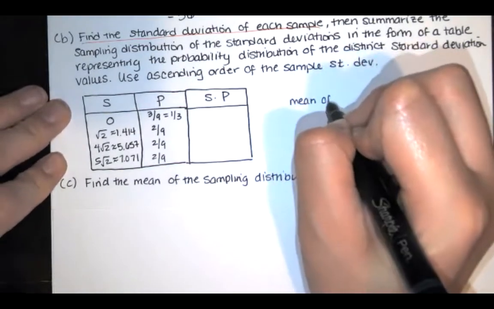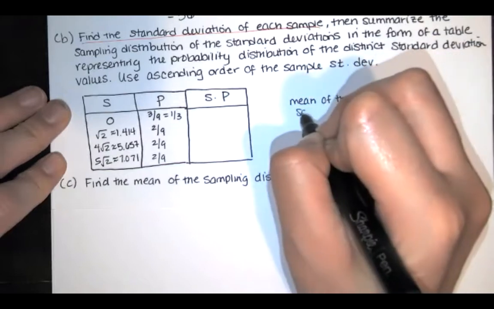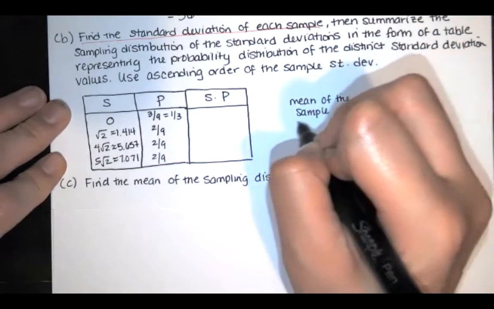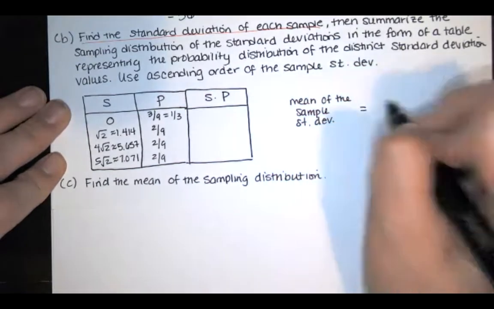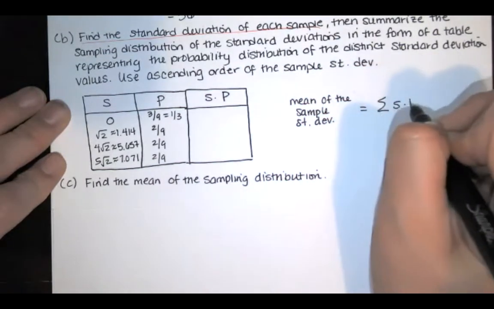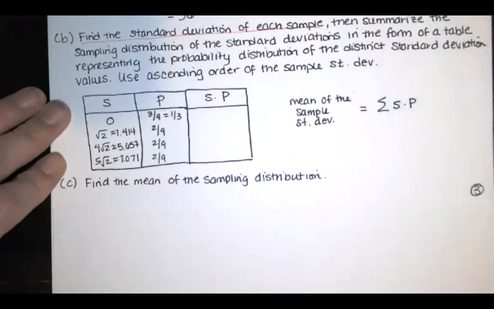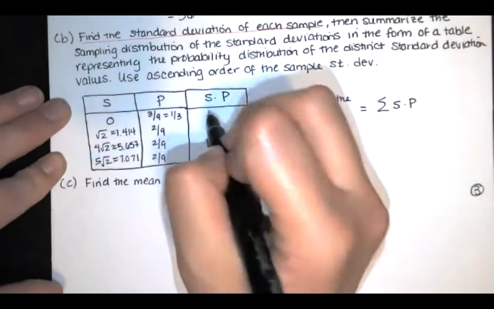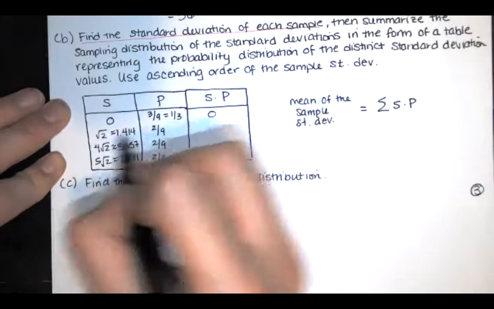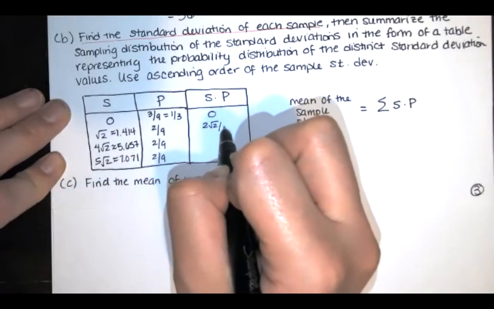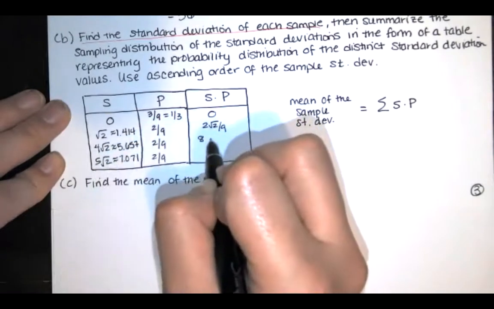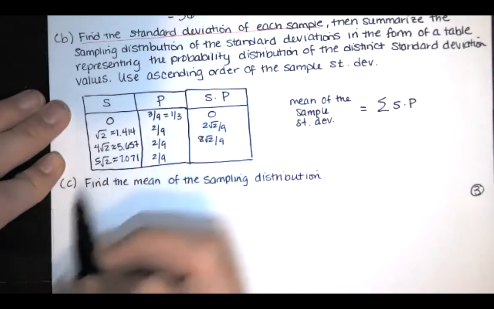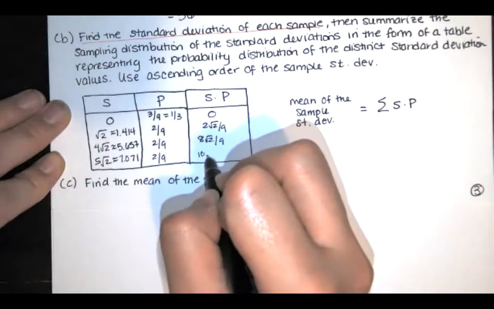So the mean of the sample standard deviations is this. It's the sum of those sample standard deviations times the corresponding probabilities. 0 times anything is 0. And then we're going to have 2 times square root of 2 over 9. And 8 times square root of 2 over 9 here. And then 10 times square root of 2 over 9.